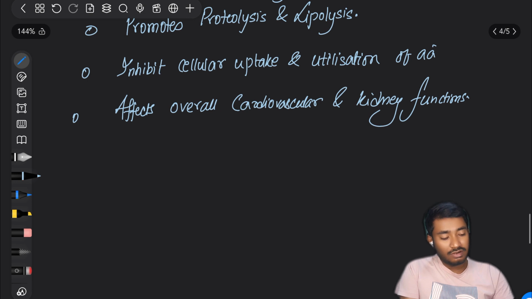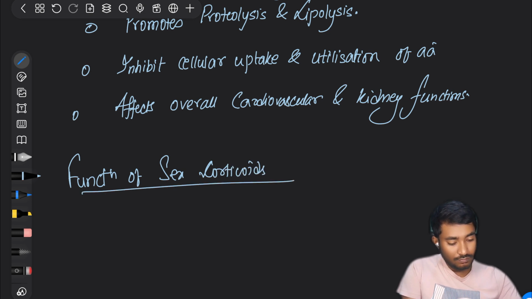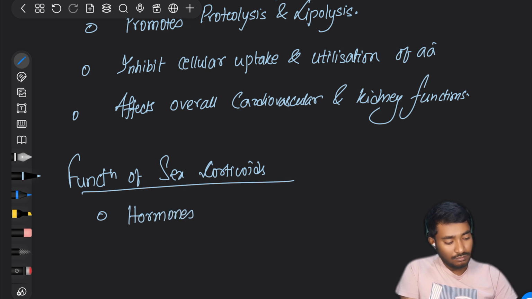Now the function of the sex corticoids. Hormones of zona reticularis.